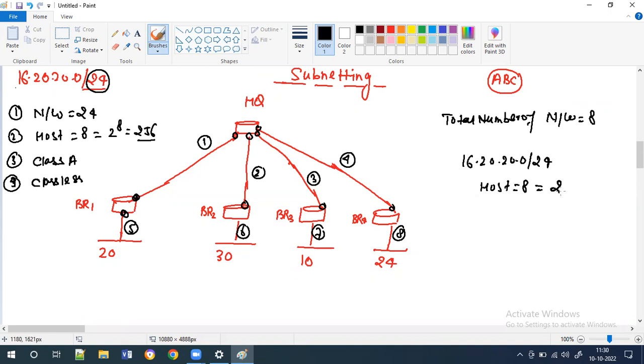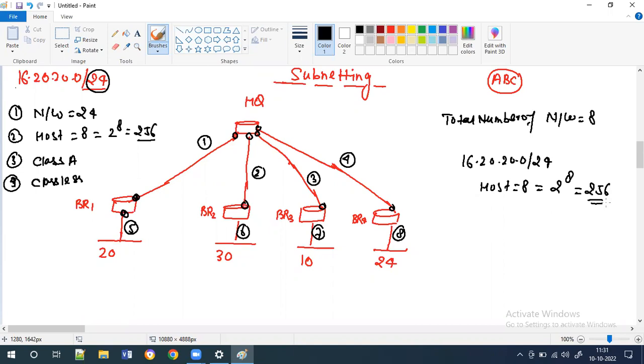With that, 2 to the power 8 means a total of 256. Correct? This 256 I have to divide into smaller blocks so that I can get a total of 8 networks. So I have the big pool, and I need to divide it so that I can get the 8 networks.